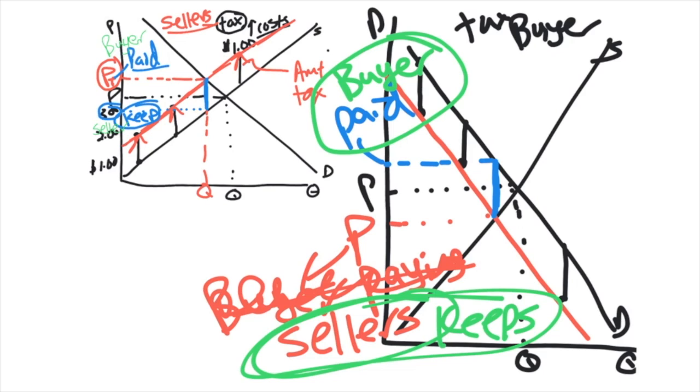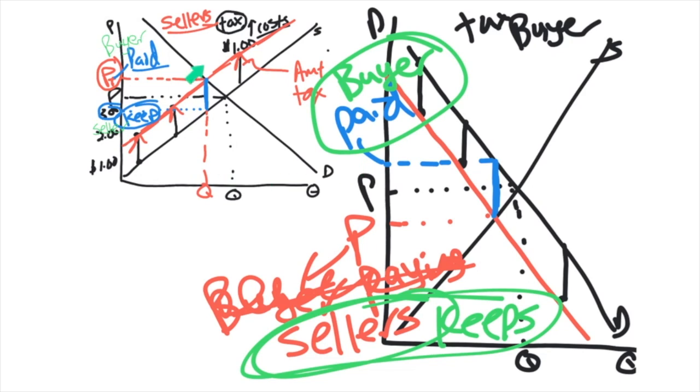For this one, the sellers only get to keep this lower price with the tax. Same thing over here. Sellers only get to keep this lower price with the tax. Over here, buyers had to pay a higher price because of the tax.